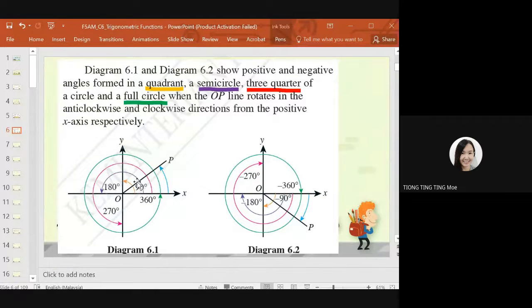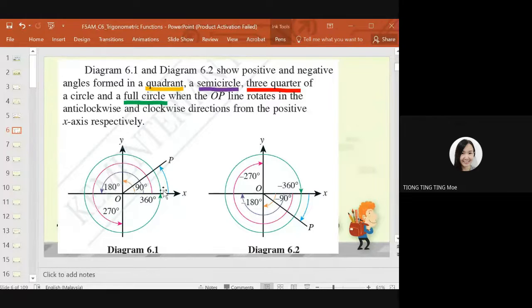Yeah, positive, because we look at the quadrant. Quadrant 1, 0 to 90. We start, go up. Going up is positive. So you see, I highlighted with different colors already. The positive one, this 90 degree angle is in quadrant 1.